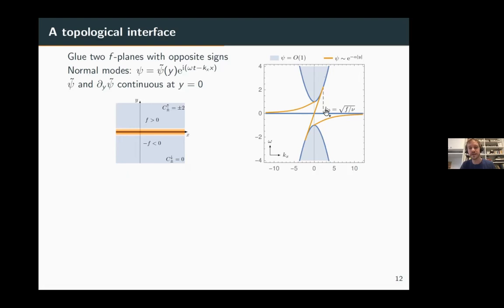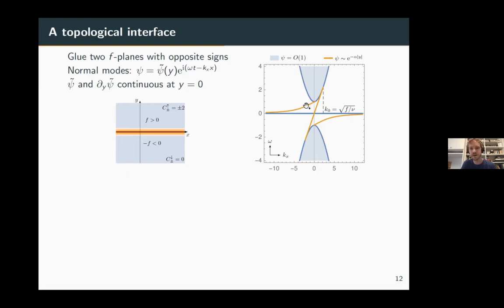And in between these gaps, we now have the so-called interface modes that live at the interface and have a positive group velocity. So they propagate along the equator in a given direction. The one with a linear dispersion relation is precisely the Kelvin wave that I've shown you at the beginning of the talk.